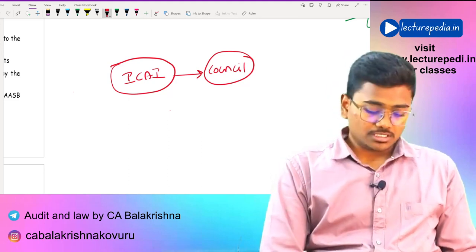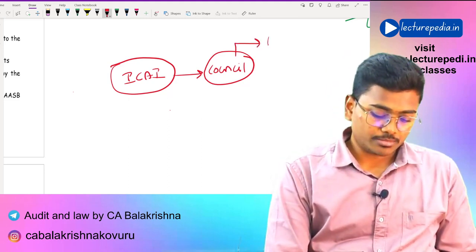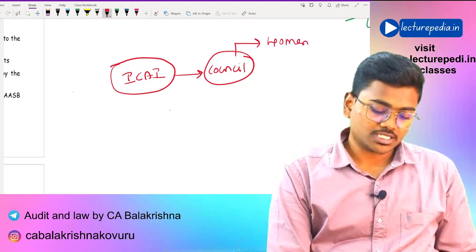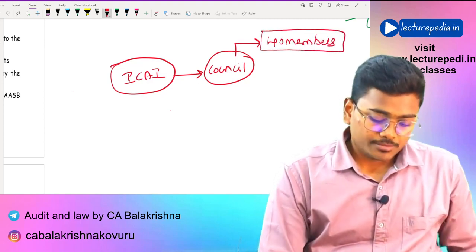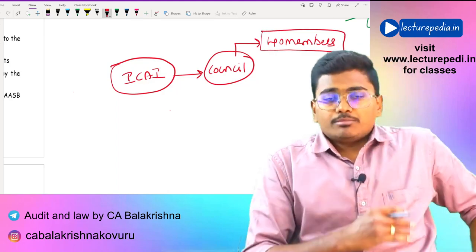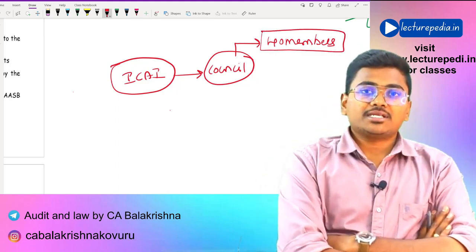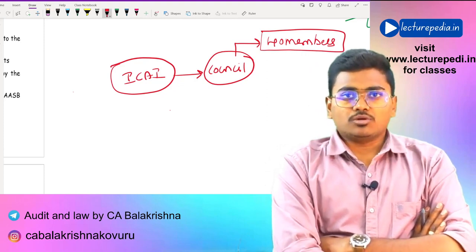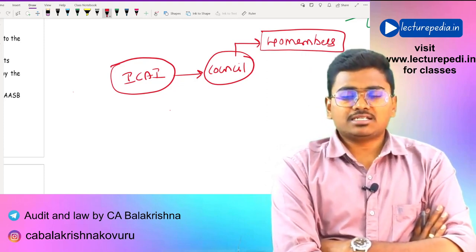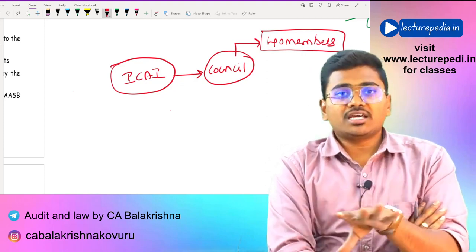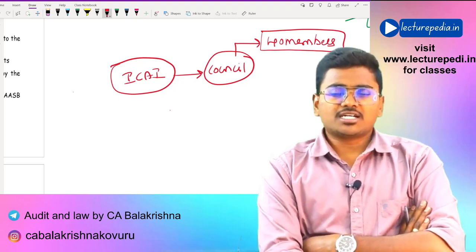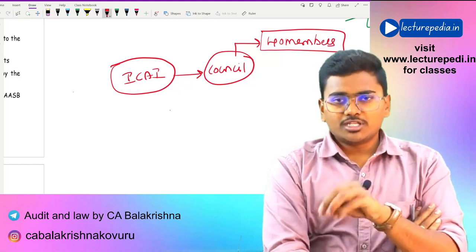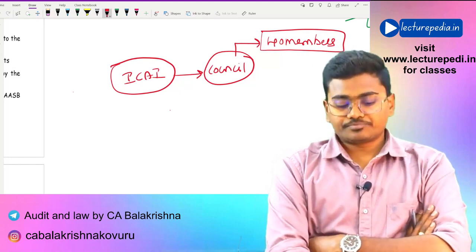Now in this council there will be 40 members, all chartered accountants. These council members are elected by the qualified chartered accountants. Once in every 3 years council elections take place. Once you qualify as a CA, you too can vote in these elections.